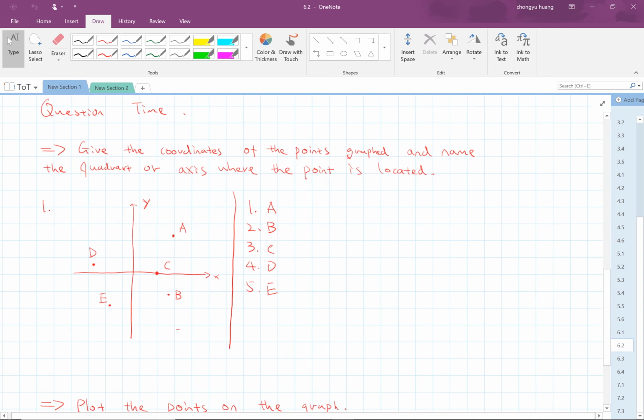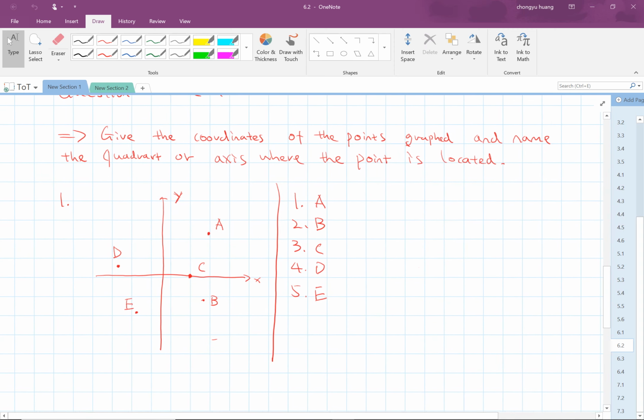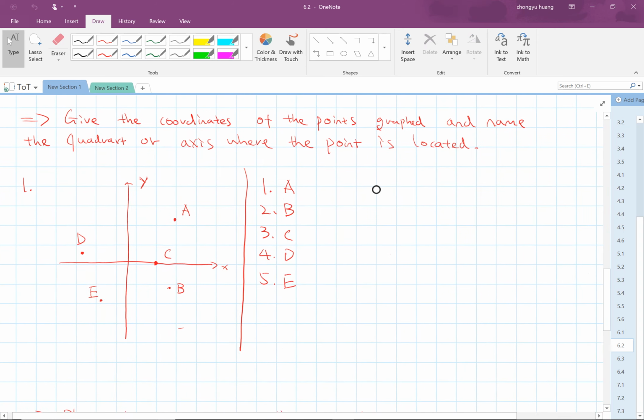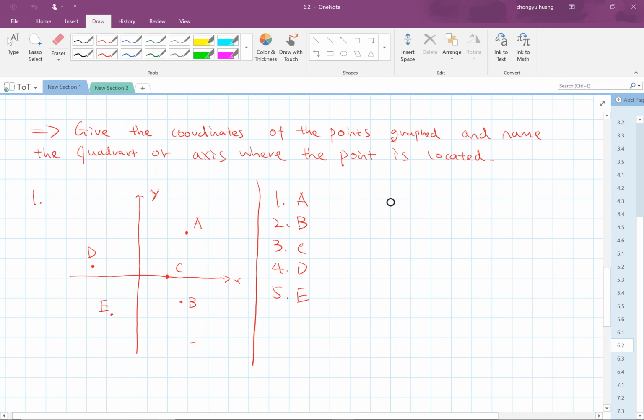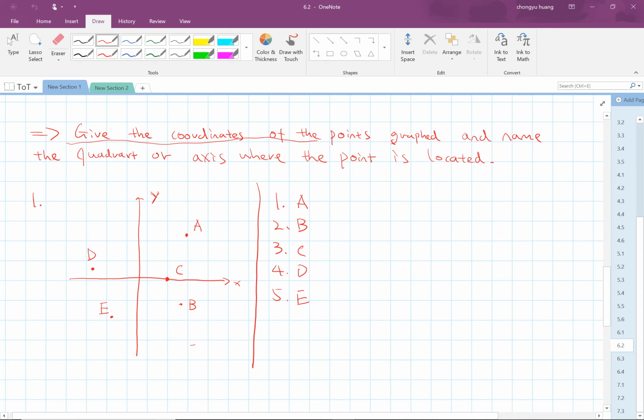Okay, so let's move into question 1. The first question says we have those kinds of points. We are given the coordinates of the points, and the problem says we have to name the quadrants or the axis where the points are located.